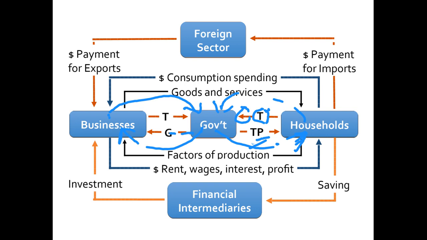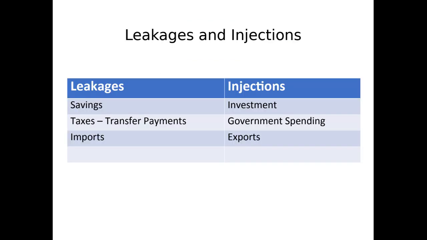So now I've given here, these are leakages: savings, taxes, and imports. Now, this is just to make it look simpler. I could have written it like this: government spending plus transfer payment, these are basically injections.